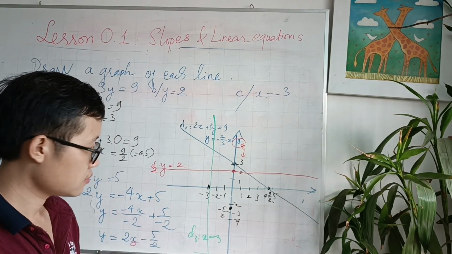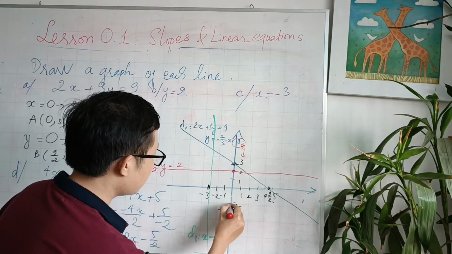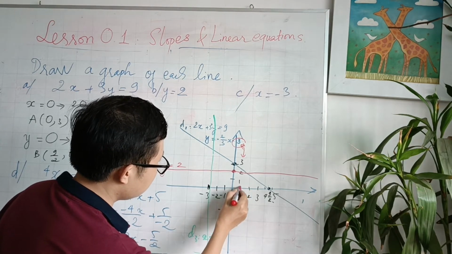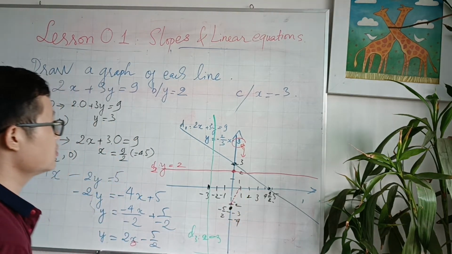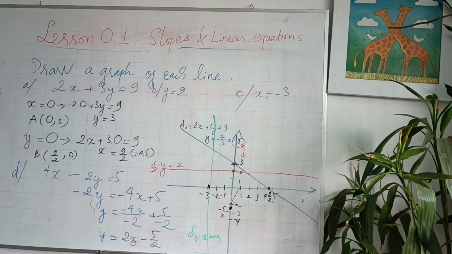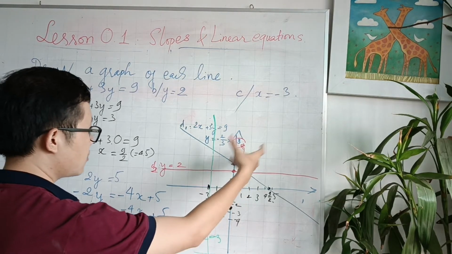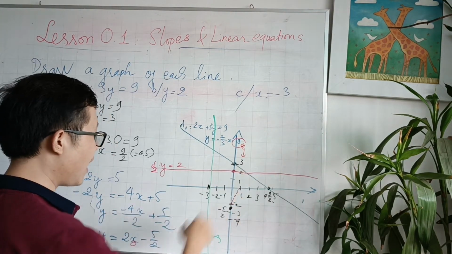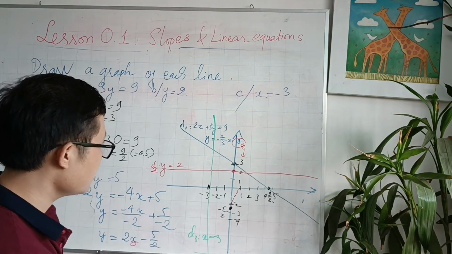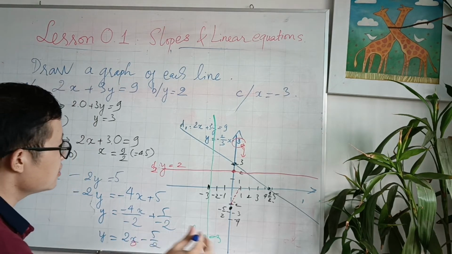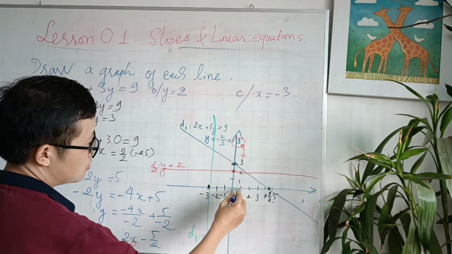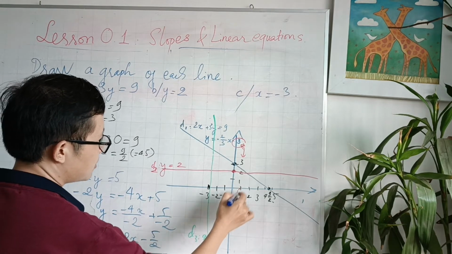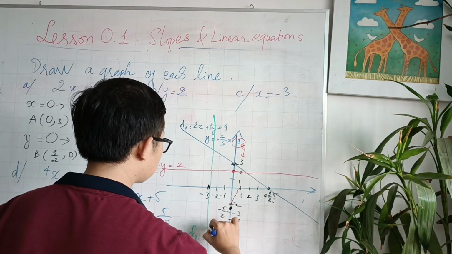So 2 rise, 1 run, 2 rise, 1 run, 2 rise, 1 run here. Also, it has a positive slope, so it must have a direction upward to the right. And we sketch the line parallel to the red line I sketched.